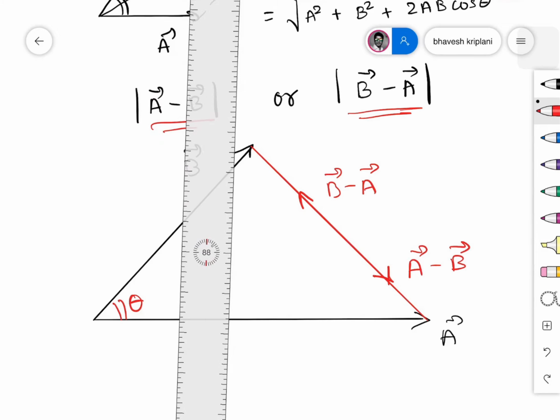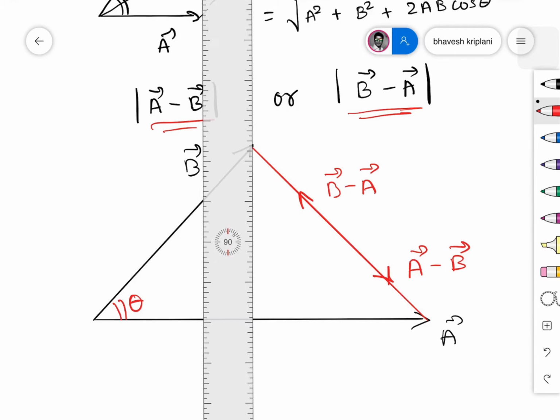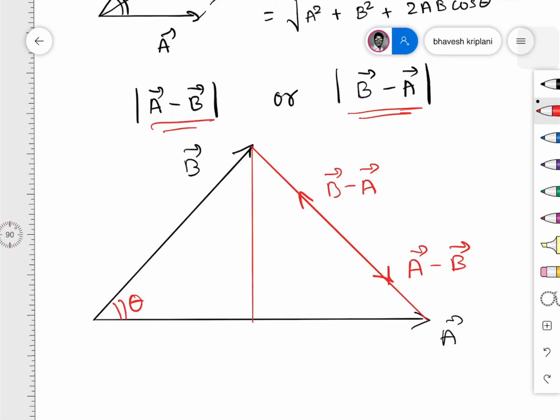Now for this triangle, we draw its height. So this is the height of the triangle. This angle over here is 90 degrees. Now again let's look at this triangle over here. This is a right angle triangle with hypotenuse equal to b.